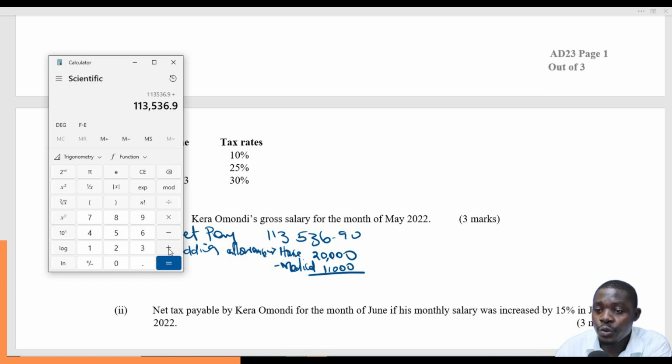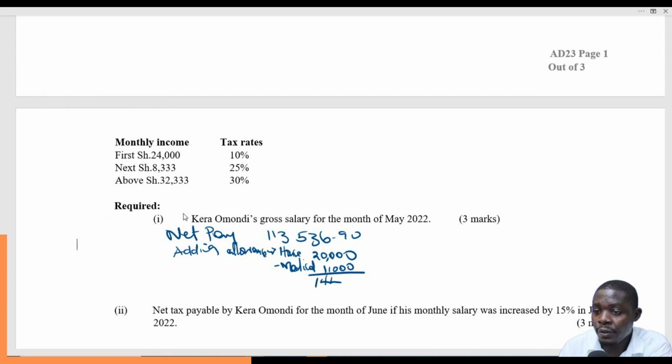We add 20,000, we add 11,000. You get 144,536.9.